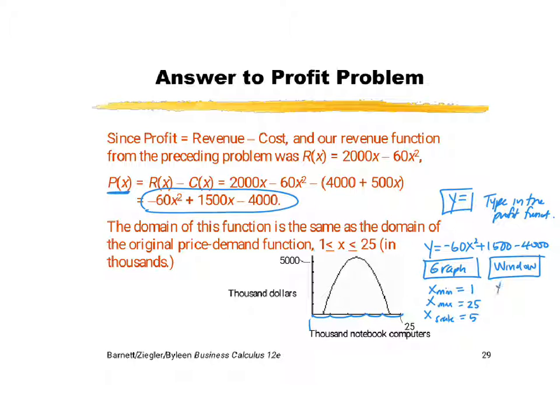For the Y min, Y max, and the Y scale, I want to count from 0 here. So I have 0, 1, 2, 3, 4, 5, and this is going to 5,000. So if I divide 5,000 by the increments of 5, I know my scale is going to be 1,000.